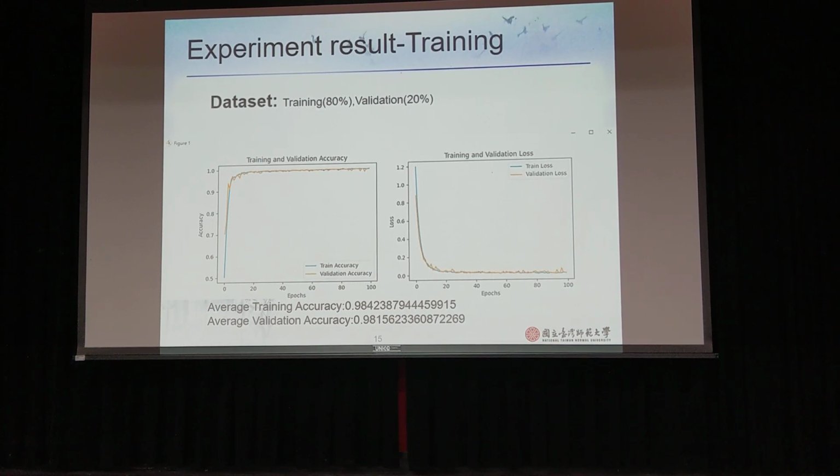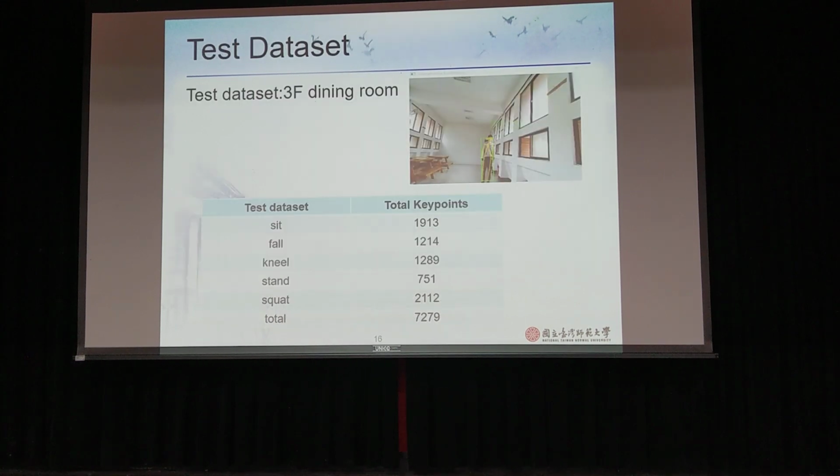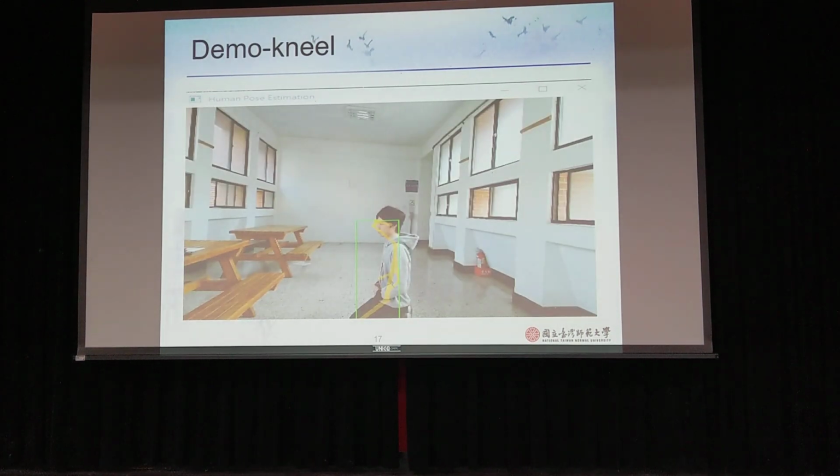Both of their accuracies have reached 98%. I will demo 3 postures from the test data later, and my test datasets are collected in a different place. The model will predict the posture in the video and demonstrate the confidence score as well.